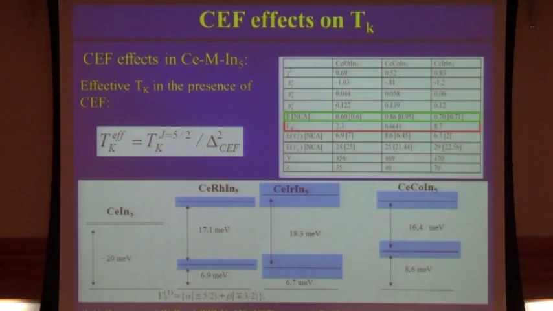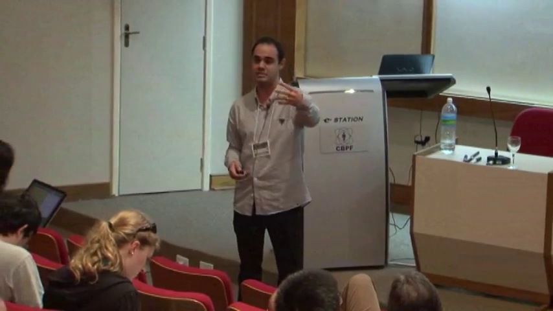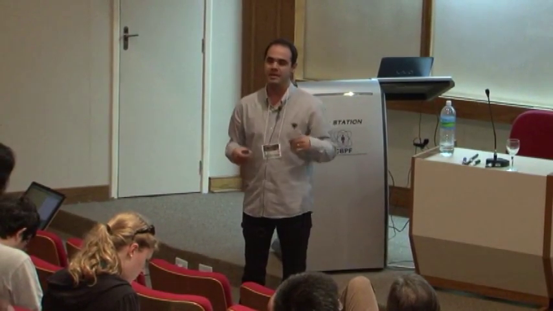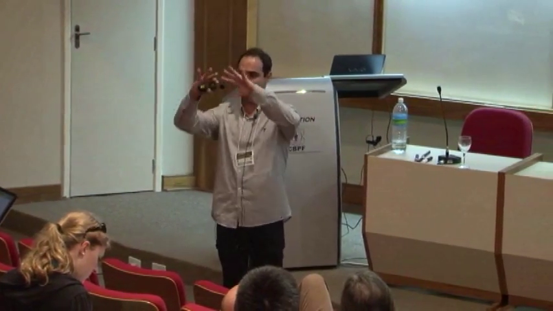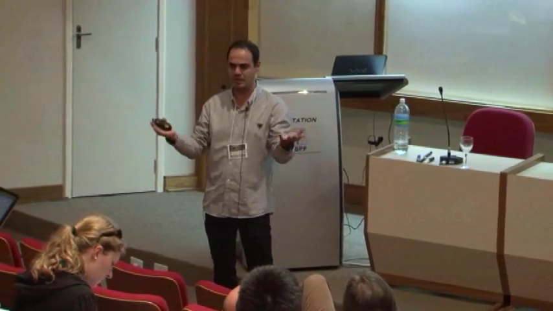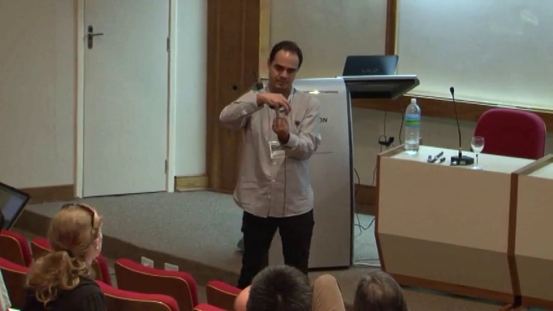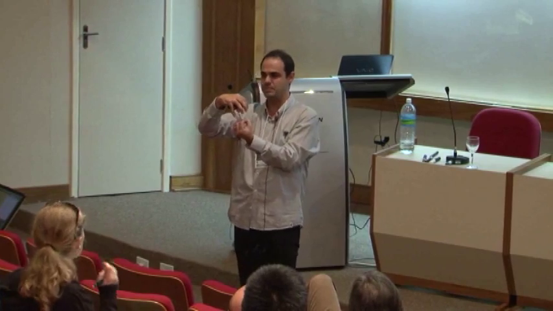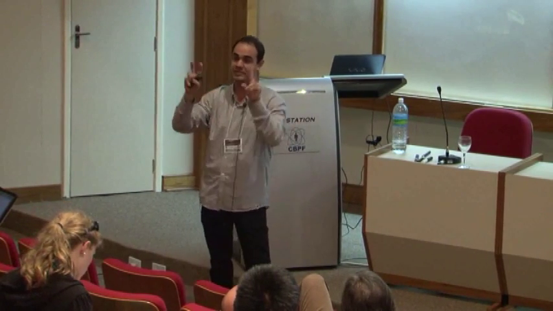So what happens to the crystal fields in the presence of the Kondo effect? That's a very difficult problem. I'm just showing you a very simple effect that one could imagine, that the effective Kondo temperature will be affected by the presence of the crystal field splitting. Imagine that the conduction electrons want to compensate the spin; they will compensate it at lower temperature if the size of the spin actually decreases.